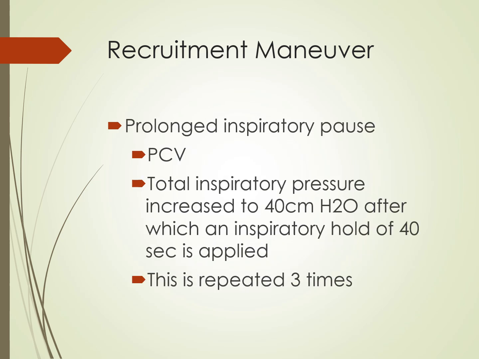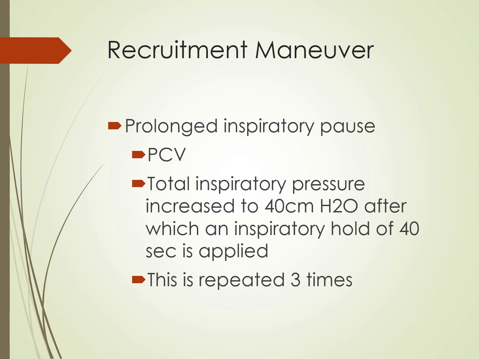The second type of recruitment maneuver can be done with pressure control ventilation, and the goal is to create a prolonged inspiratory pause. So basically, you have a patient on pressure control ventilation. You set the peak inspiratory pressure to 40, and you do an inspiratory hold for 40 seconds at an inspiratory pressure of 40, and you repeat this 3 times.